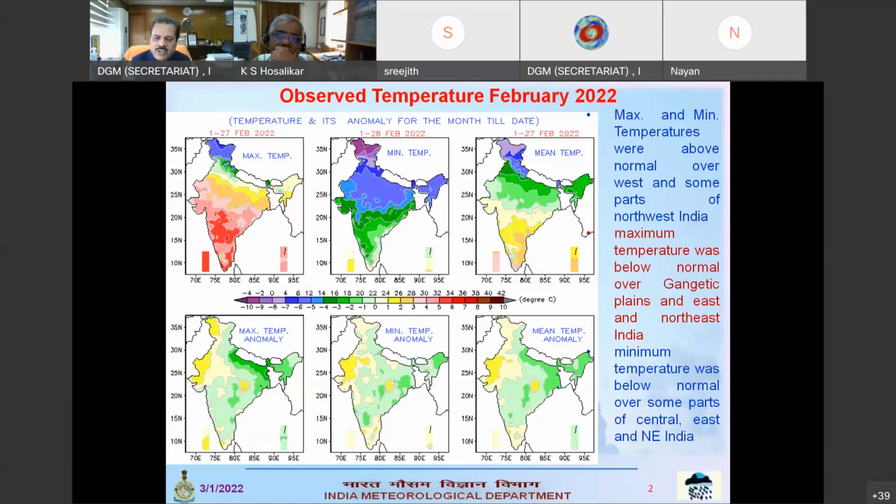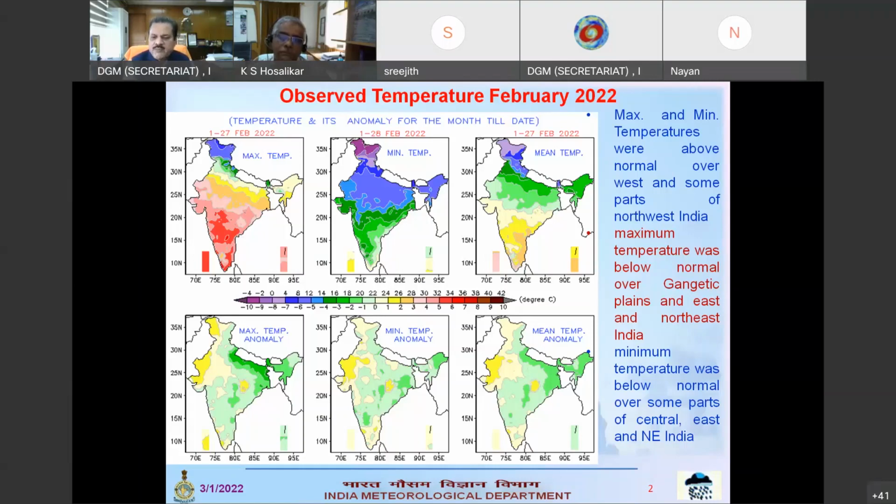But comparing with the normal temperature, you can find the anomaly map in the middle below. It indicates that the minimum temperature has been above normal over many parts of northwest and west central India, even some parts of the Gangetic plains, and southern parts of peninsular India, especially Tamil Nadu and Kerala.